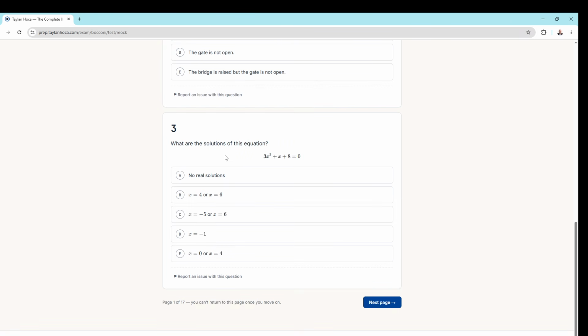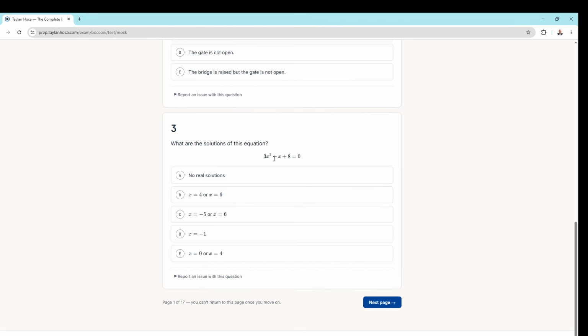Okay, what are the solutions of this equation? So we have a quadratic equation, as you can see, and in these ones, I like to do the product of the solutions and the sum of solutions. For example, the product of solutions is C over A, 8 over 3, and I don't see any solutions with the product 8 over 3.